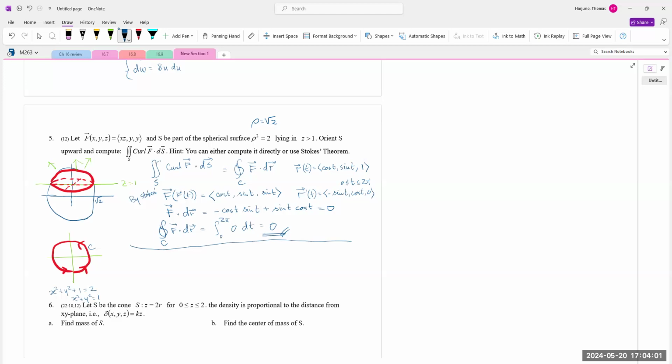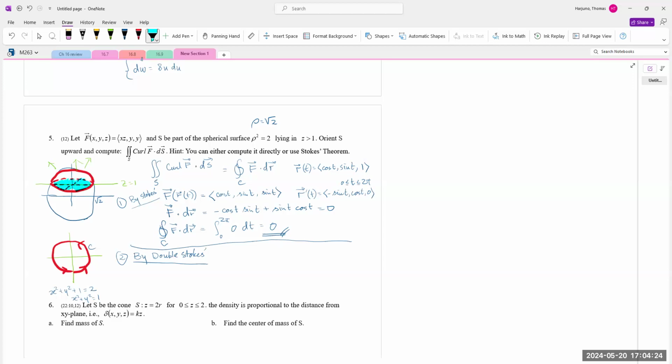Now, if I use Stokes theorem with a different surface, we are actually using this surface here.